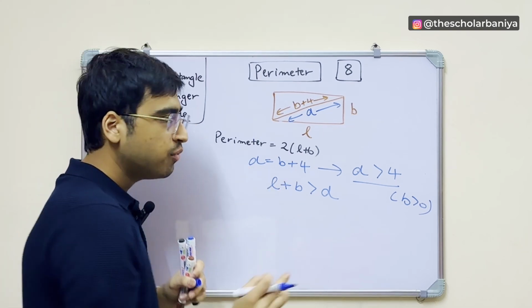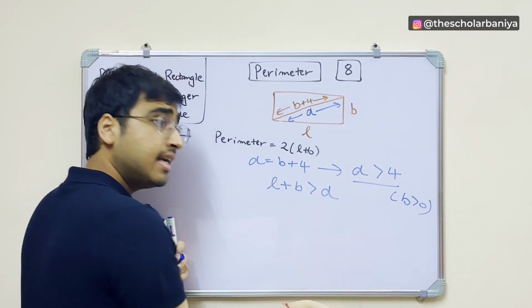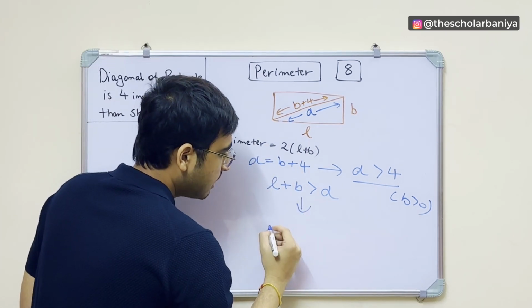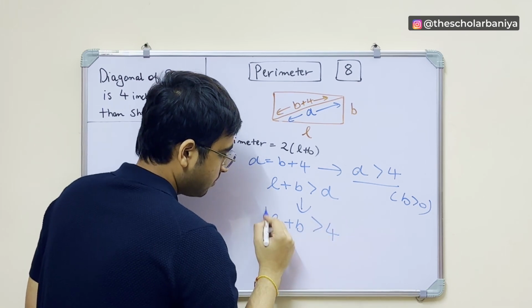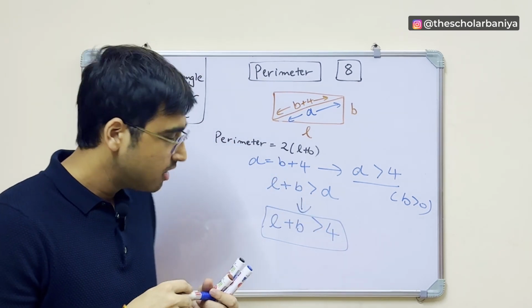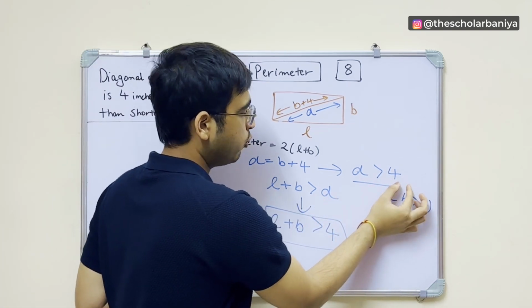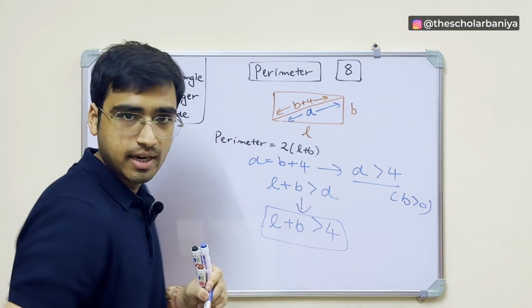D is some value which is greater than 4. And we know L plus B is greater than D. This automatically means that L plus B will be greater than 4. I hope this makes sense, right? Because L plus B is greater than D and D is greater than 4, which means L plus B will be greater than 4.